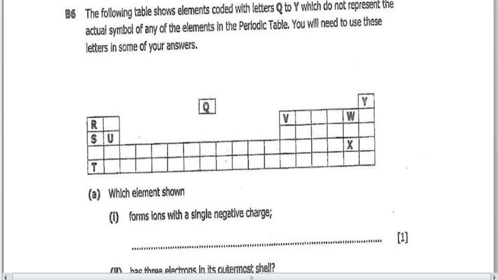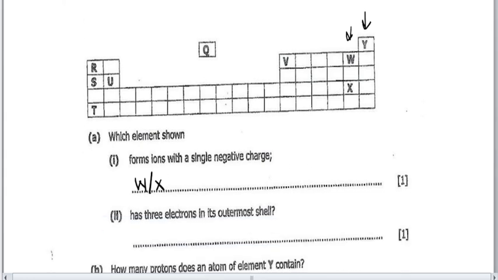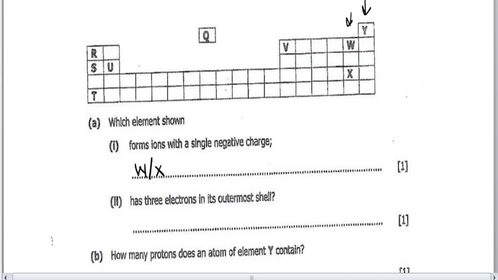The elements that form ions with a single negative charge are found in group 7. So this is group 0, group 7 is here. So you can pick either W or X. All those are going to form ions with a single negative charge. Then, which element has 3 electrons in its outermost shell?